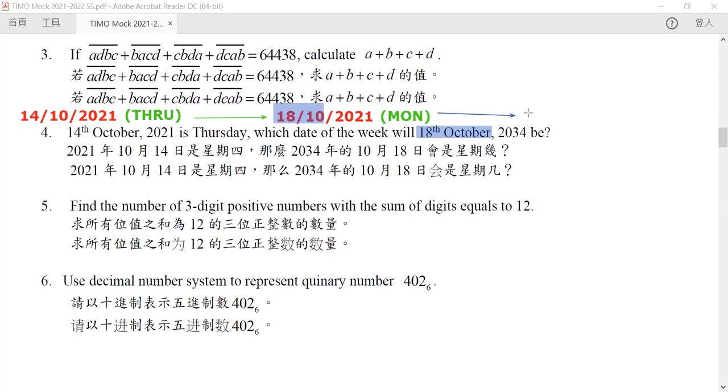Now, if the 18th of October is Monday for 2001, what is the day of the week for the 18th of October 2002?